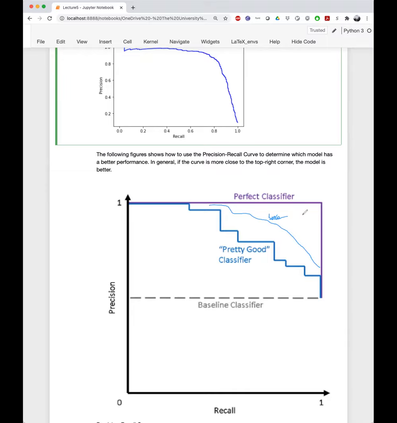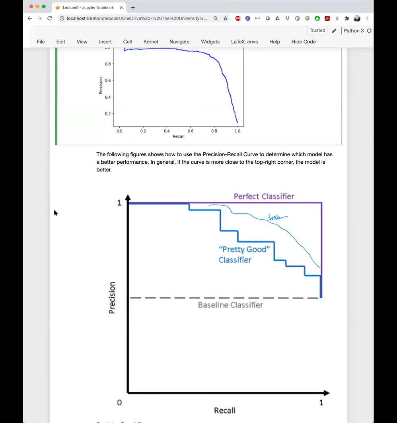So we'll try to understand what this means for the perfect classifier, baseline classifier, and just a regular model. This is very similar to what we tried to understand in the ROC curve. So look at the perfect classifier. We use the same plots.